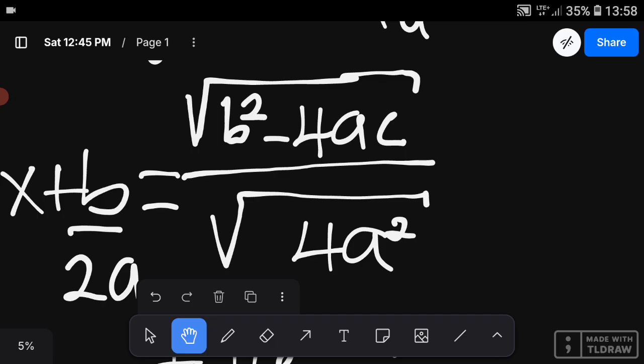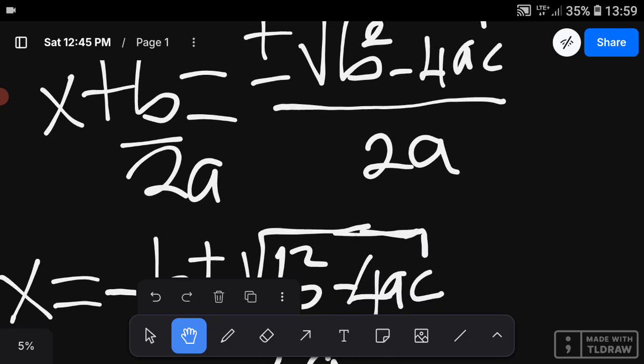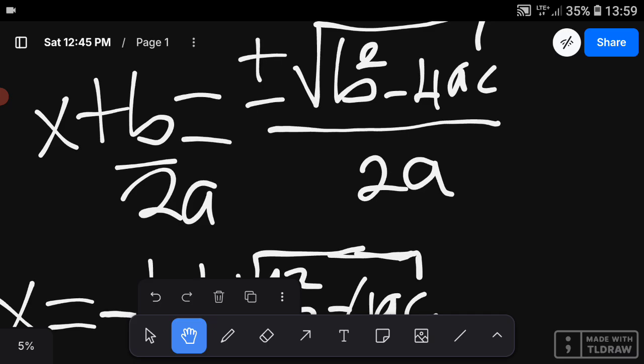So the square root on the numerator is the square root of b squared minus 4ac. And what is the square root of 4a squared? The square root of 4 is 2, and the square root of a squared, the 2 cancels the square root, and we have 2a. Now, when you're taking a square root of a number, you have two possibilities: either the negative or the positive.